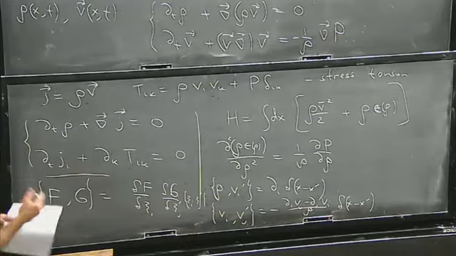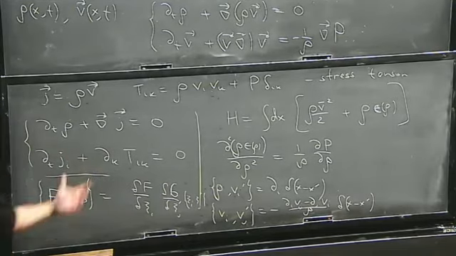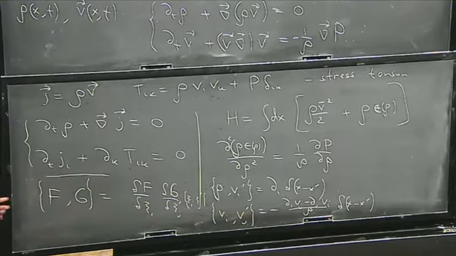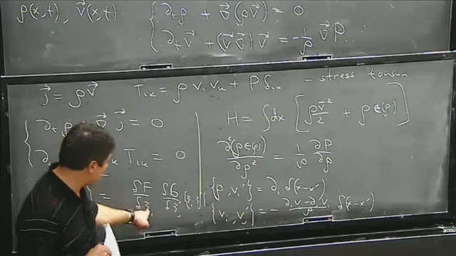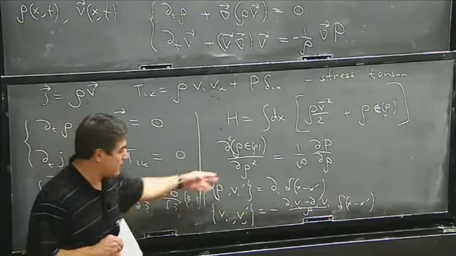So I can write it in terms of this integral expression, which tells you how to calculate the Poisson bracket of any functionals of density and velocity. But the idea is very simple. I just take the variational derivative of this with respect to my fields, either density or velocity, and then I use this.